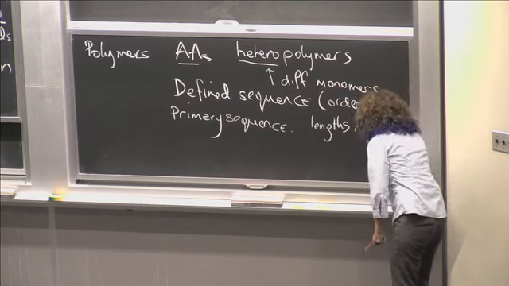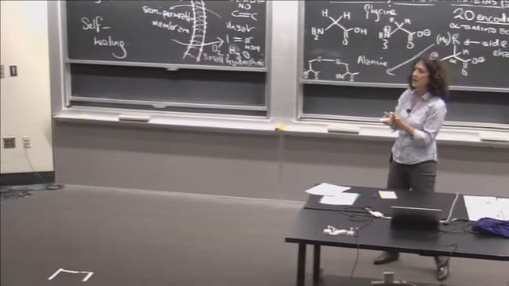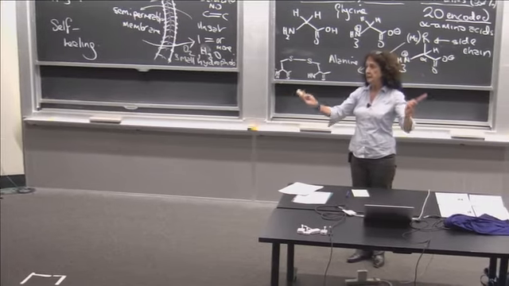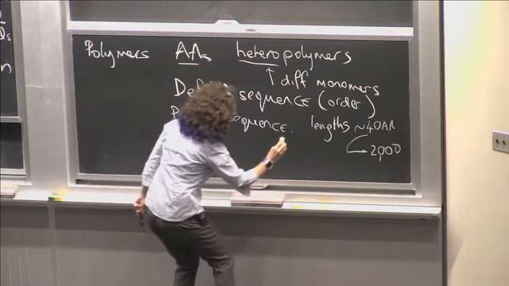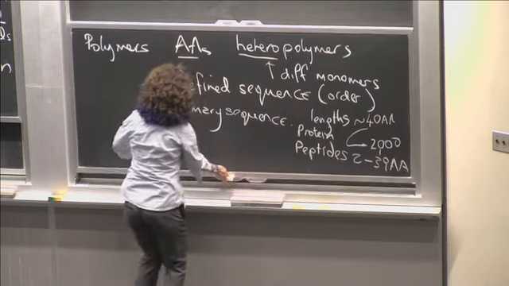I'm going to write 2,000 or more here. When the proteins are smaller, they are not capable of adopting too much ordered structure, and we mostly call them peptides. Peptides are sort of shorter sequences. So this would be a protein. And peptides, probably 2 to 39 amino acids, but these breakpoints are a little bit more vague.